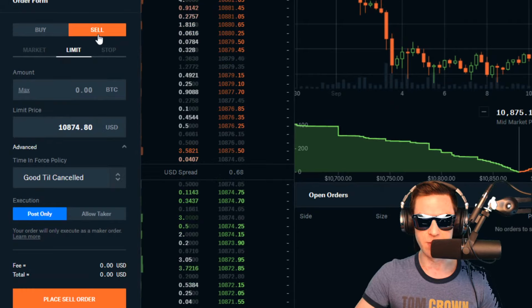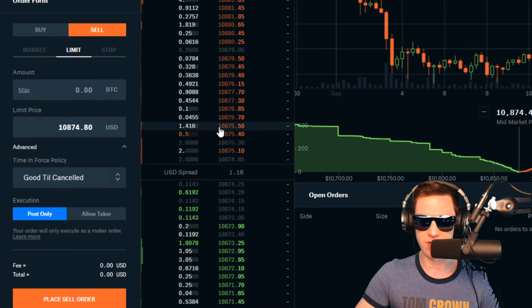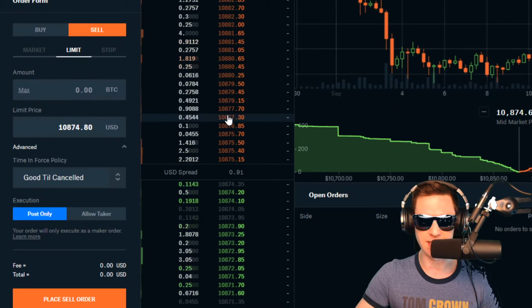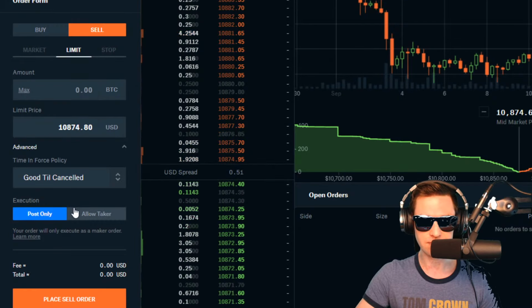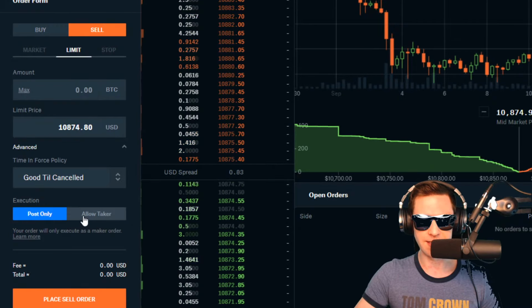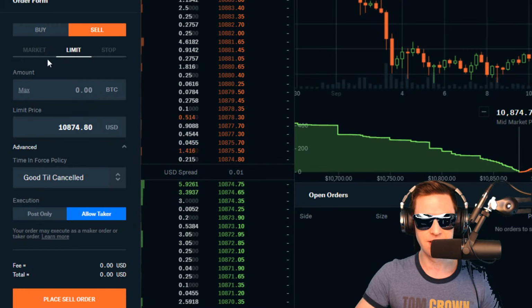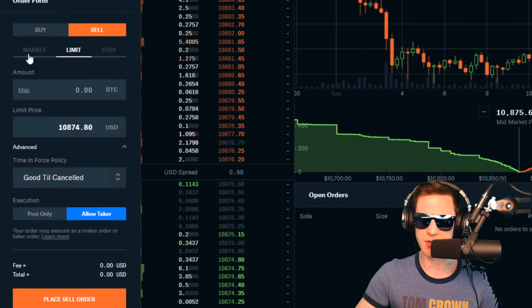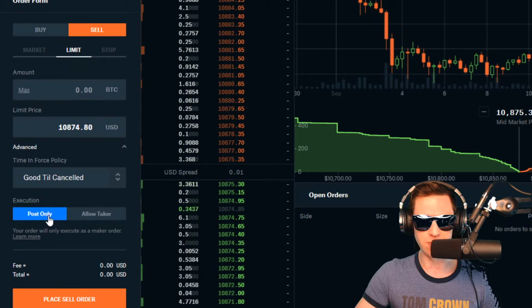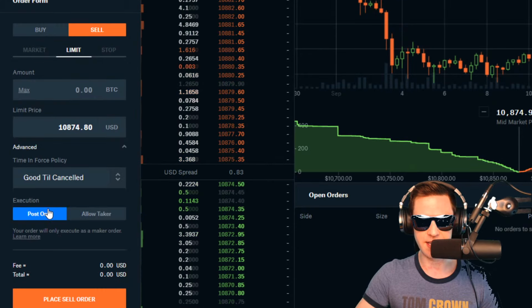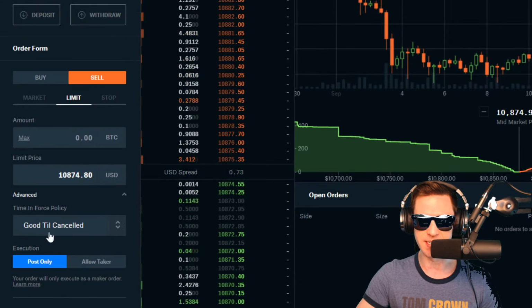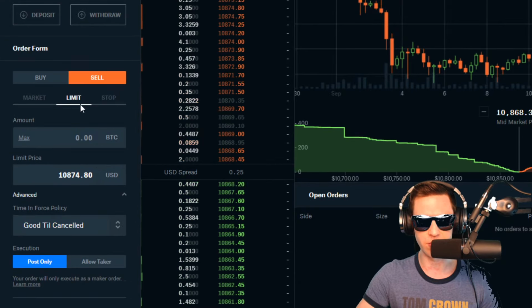So if you did a limit buy or sell, you would have no fee on your order, I guess because they're rewarding market makers. I'm really at a loss as to why you would allow taker. You're really just allowing it to function as a market order, so why not just do it as a market order? I don't know. To clarify, good till canceled and post only are going to be 99% of your uses here for your limit orders.